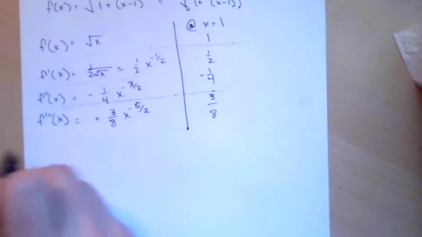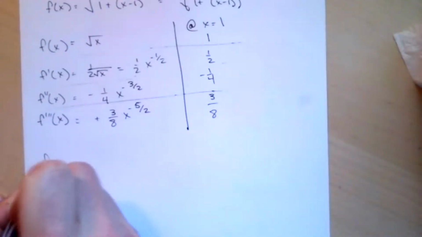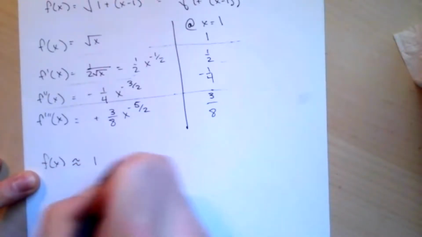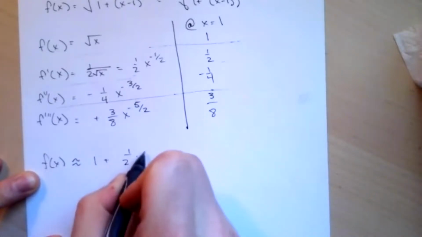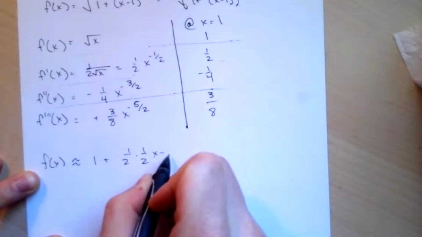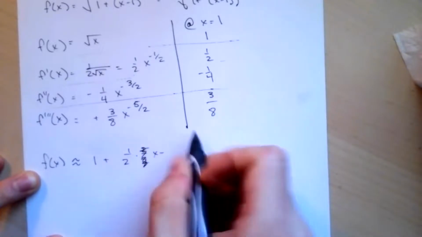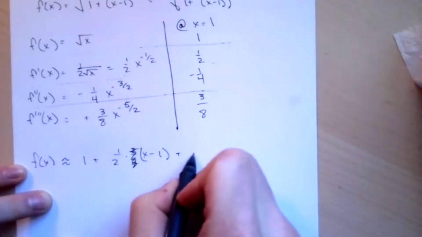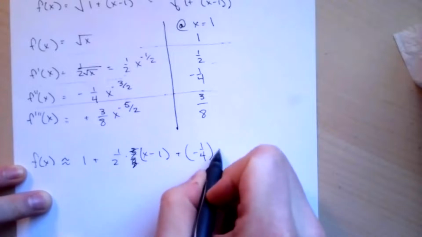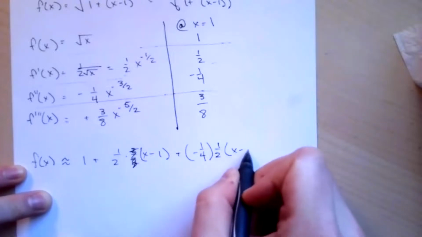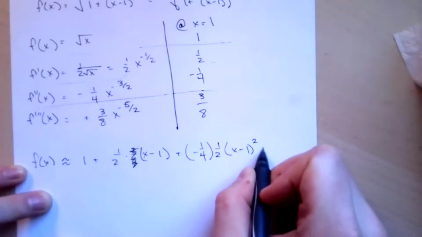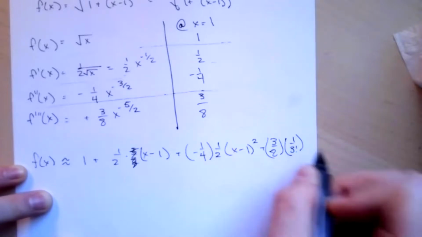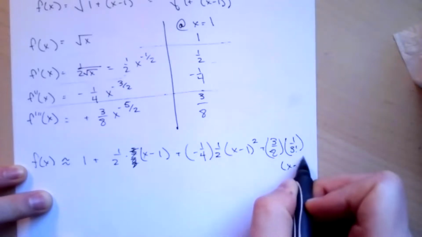And then what's our Taylor polynomial going to be? It's going to be first term plus 1/2 over 2 factorial x minus, no, sorry, I'm off by a degree. 1/2 times x minus 1, then plus negative 1/4 times 1 over 2 factorial times x minus 1 squared, and then plus 3/8 times 1 over 3 factorial times x minus 1 cubed.